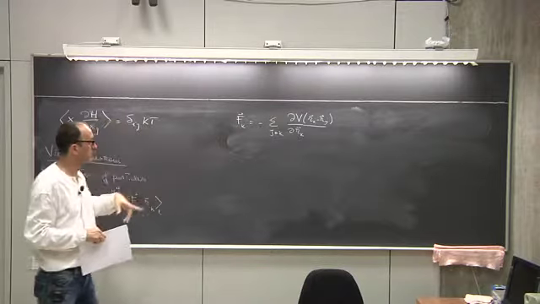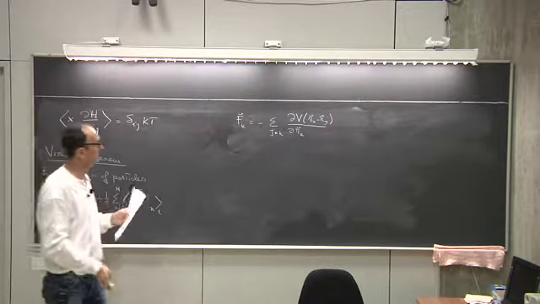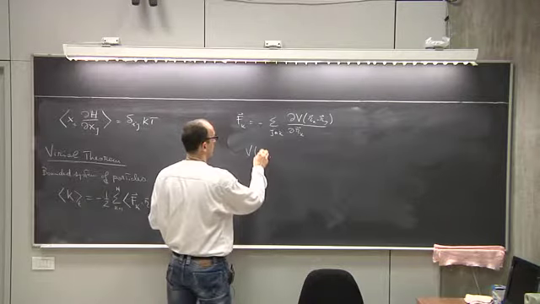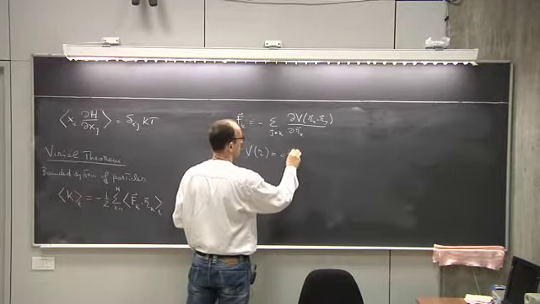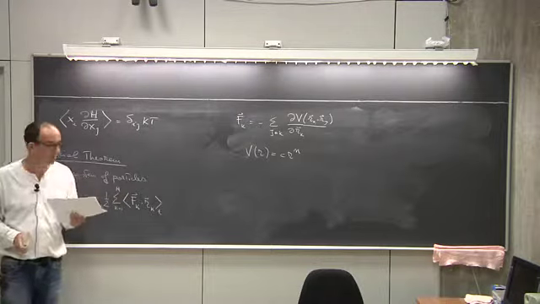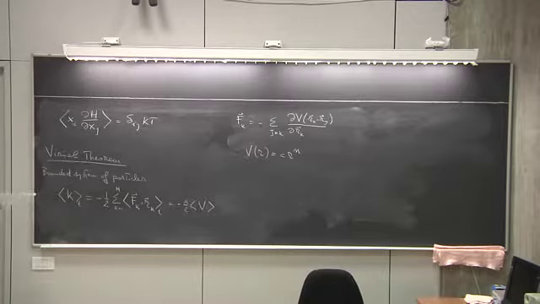If you have forces which derive from this potential, and if you have a central potential which depends only on the distance, and in particular if you have a potential which is a constant times the distance to the n, then essentially you can rearrange this term here in a way which is equal to minus n over 2 times the expected value of the potential energy, okay?